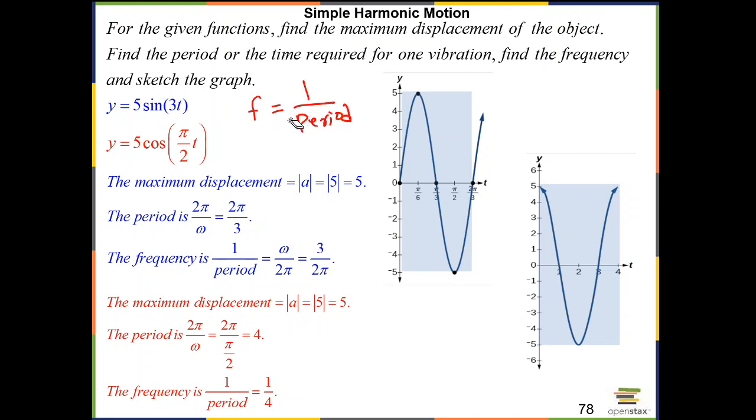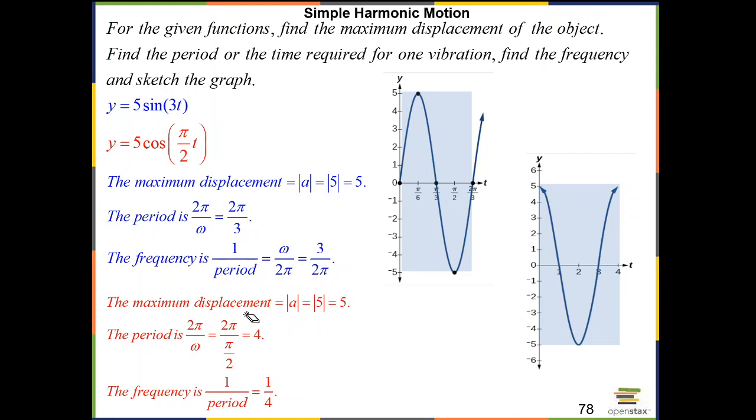That's what frequency is. So period is 2 pi over omega, so frequency is omega over 2 pi. It is the reciprocal of it. So here, the period is 2 pi over omega, so it's 2 pi over 3. The frequency is 1 over period, so it's 3 over 2 pi.